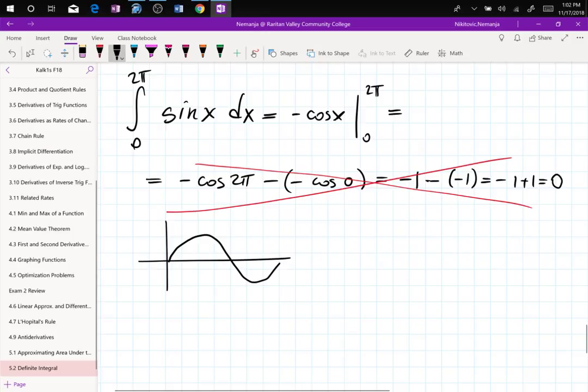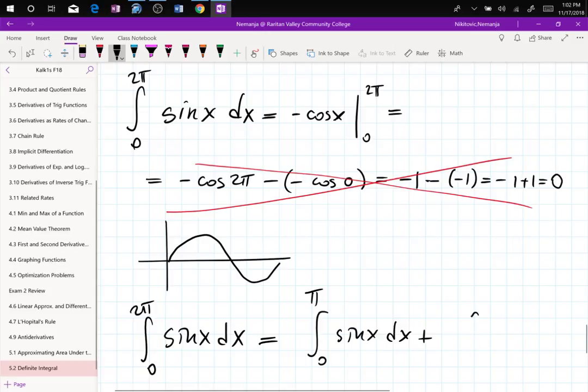I'm going to take my integral from 0 to 2 pi of sine x dx and break it into the integral from 0 to pi of sine x dx plus the integral from pi to 2 pi of sine x dx. And because this one is the one that goes under, I'm going to put absolute value on it to make it positive.